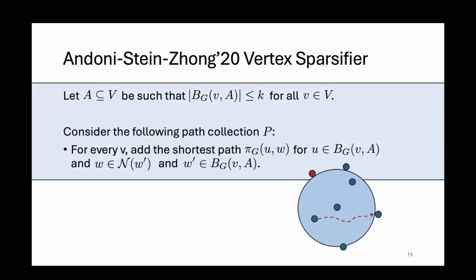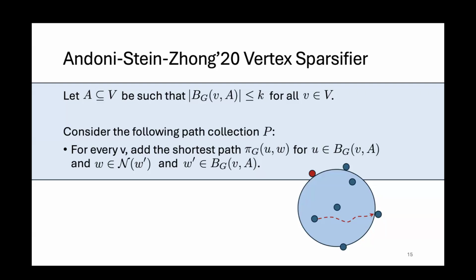The idea is then to consider the following path collection P. For every vertex v, we add the shortest path between u and w, where u and w are two vertices inside this ball that contains all the vertices until you hit somebody in A. And we will also add the pairwise distances where one of the two vertices is just outside, like I drew here.